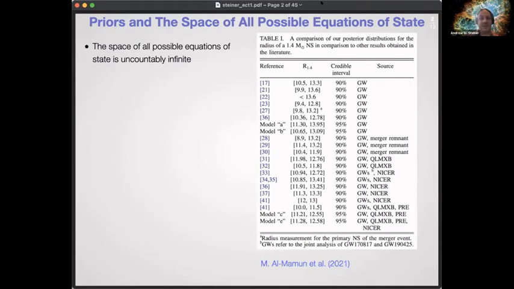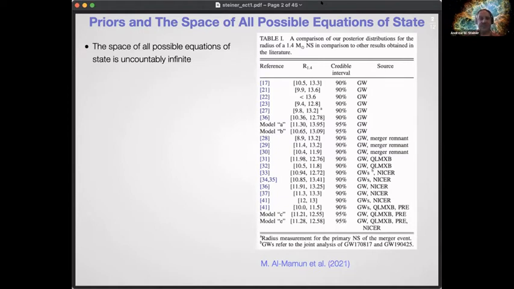A lot of us are talking about statistics in the context of Bayesian inference, prior distributions, and the space of all possible equations of state. If you think about the space of all possible pressure and energy density functions, which are hydrodynamically stable and causal, this space is uncountably infinite.